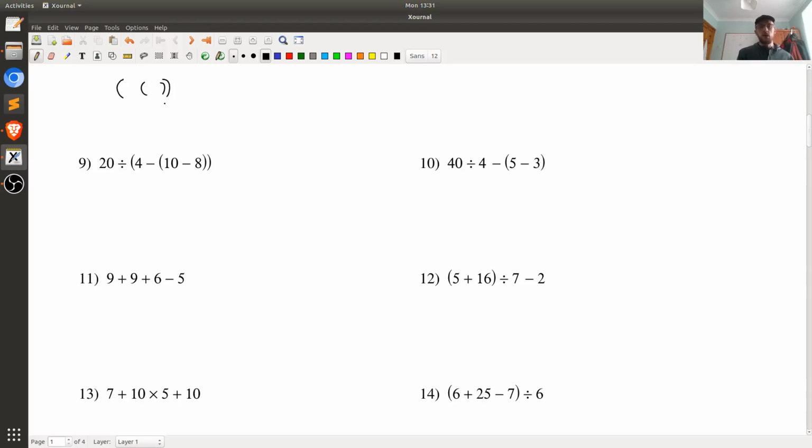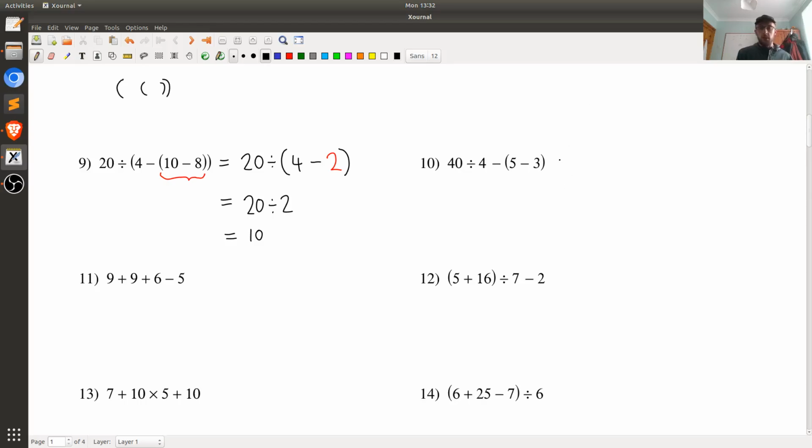And to handle this, you proceed from the inside out. From the inside out. Okay, so what's 10 take 8? The answer is 2. So we rewrite this whole thing as 20 divided by, open brackets, 4 take, and this part we replace with 2, just like that. Okay, now handling 4 take 2, that would be 2, so 20 divided by 2, which is 10.